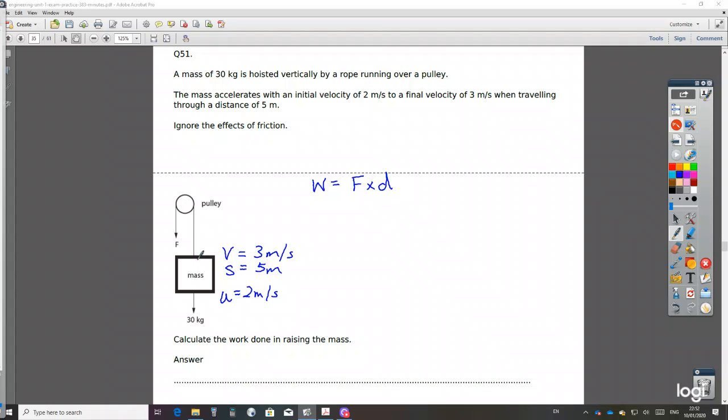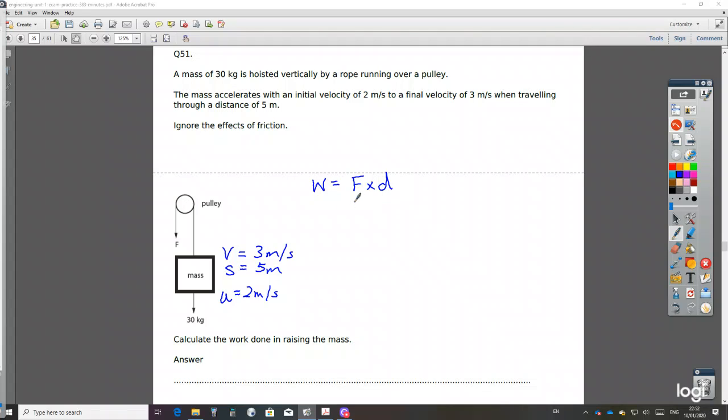Because if you think about it, apart from the mass and the distance that we need to move it to carry out the work, we are also working against another thing, which is the mass due to gravity. So the work done isn't just force times distance, it's also due to the extra force.